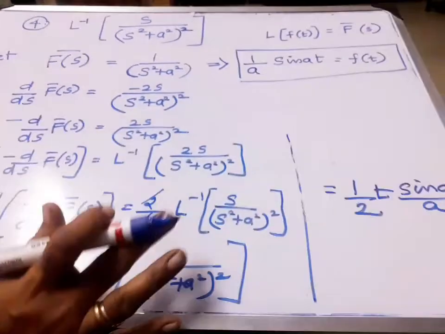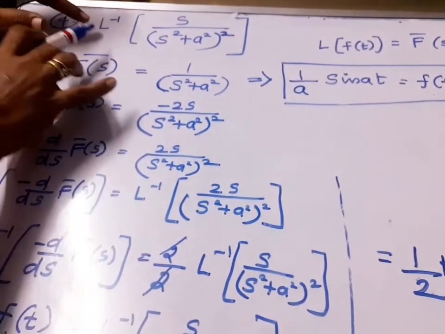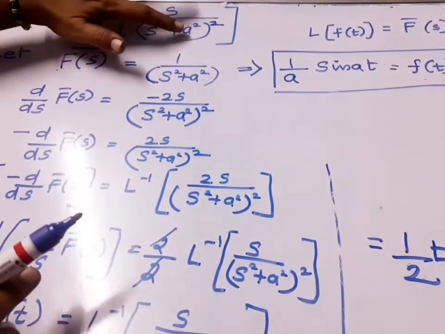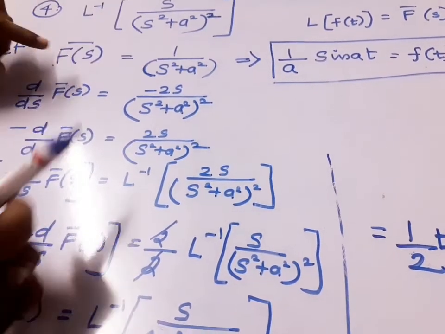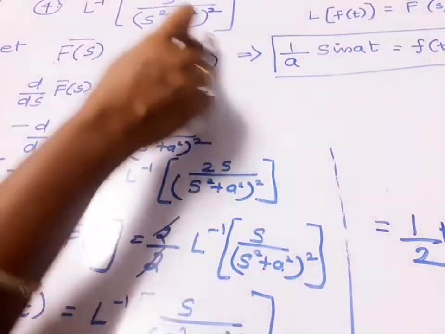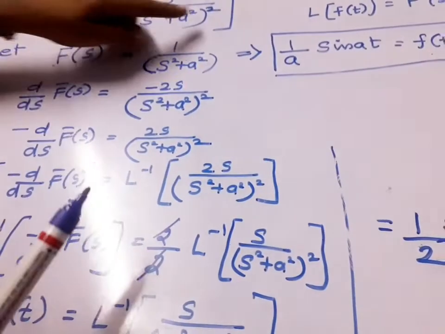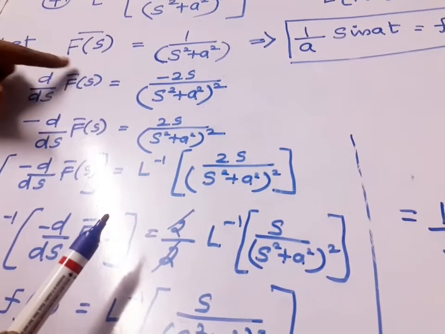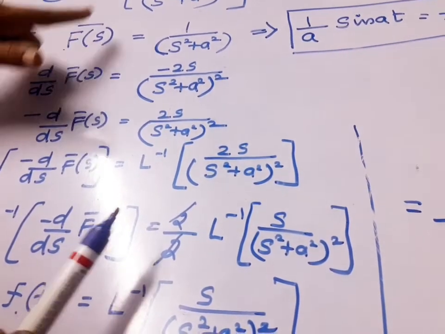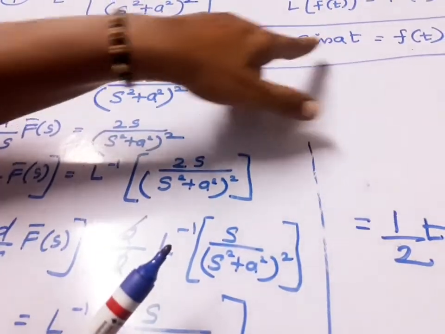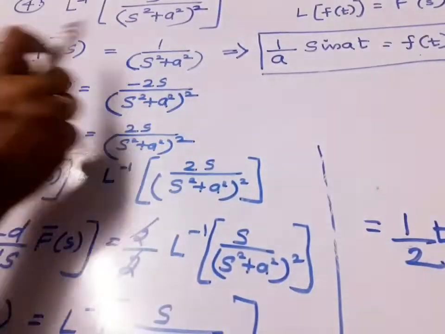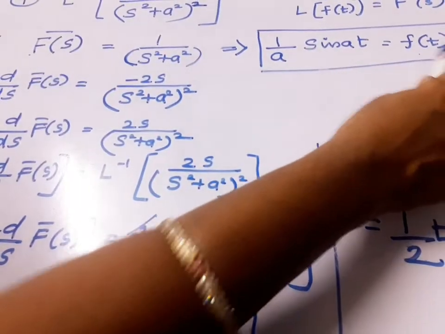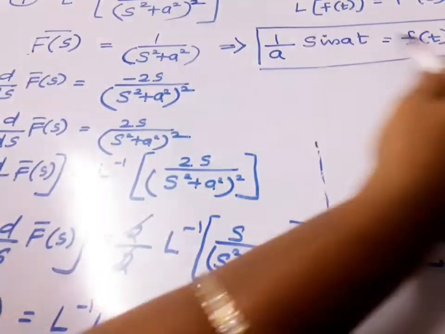Let me explain this again. We have L inverse of s by s square plus a square the whole square. We assume f bar of s as without this square and the numerator. And for this f bar of s, the corresponding f of t is 1 by a sin at. That is, by taking inverse we get f of t. Keep this aside.